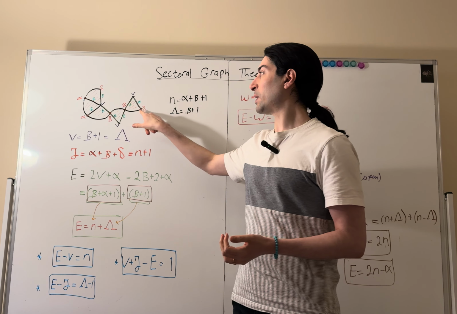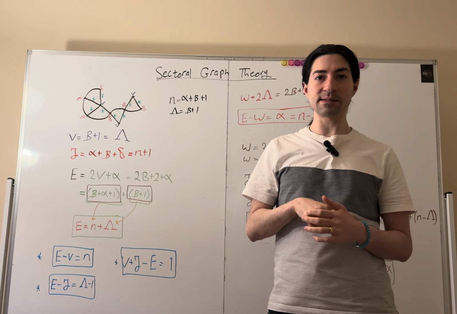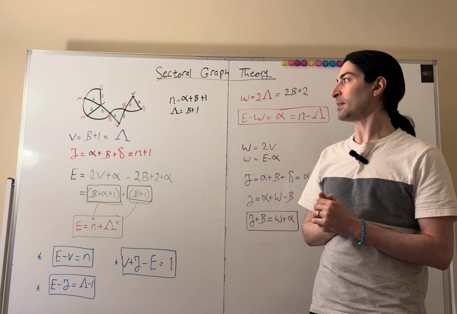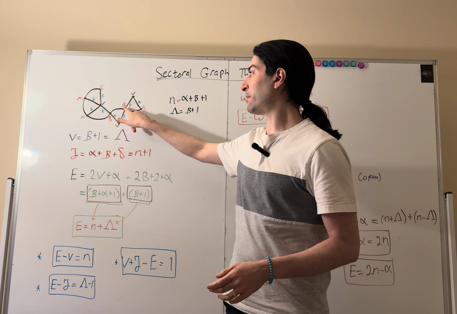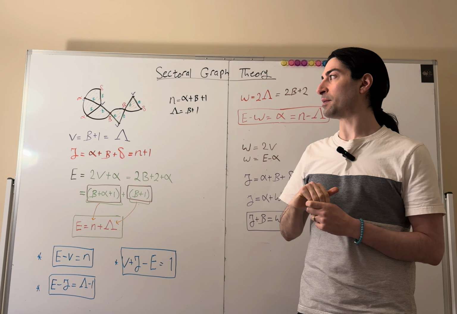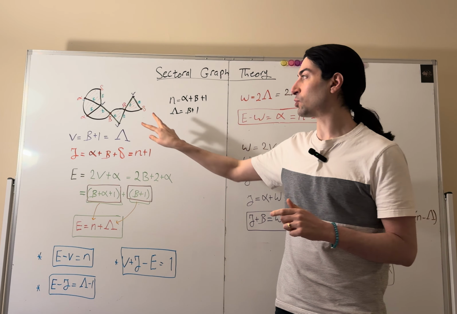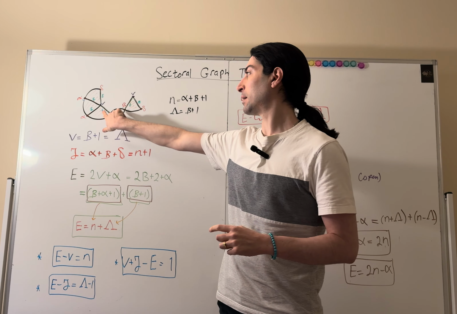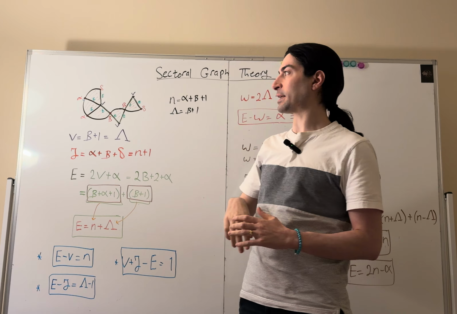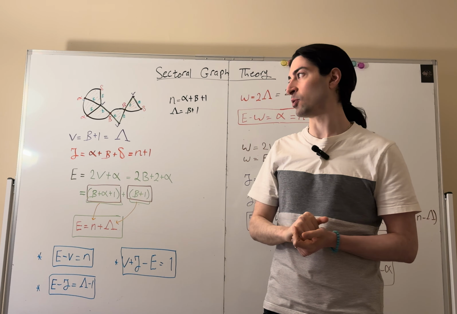And if you remember, we called each of the two ends a delta joint. And we also have here the beta joints, as a reminder, are the connections between two alternating sectors, while the alpha joints are the connections between two continuous sectors.